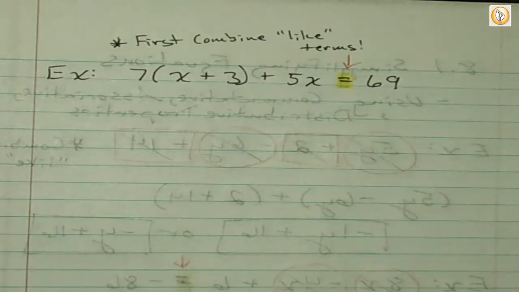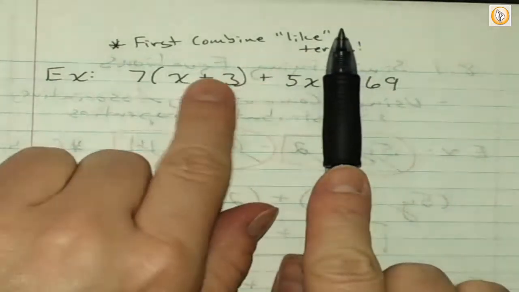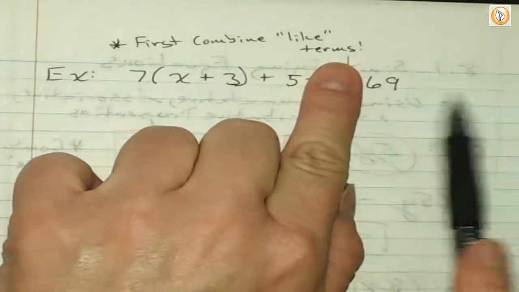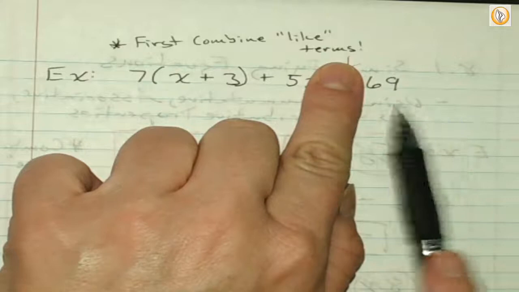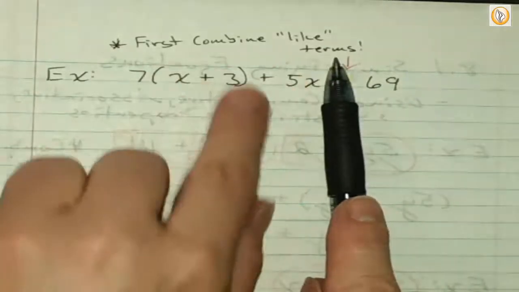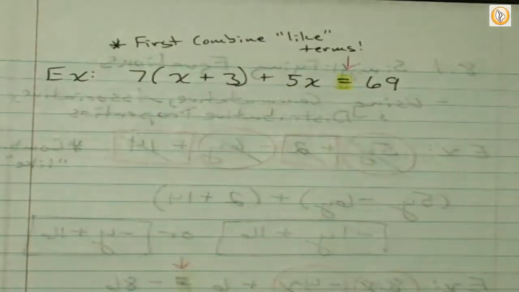Okay, we're going to combine like terms. But remember, we're going to keep it to one side of the equal sign. Now, boys and girls, if there was a bunch of stuff on this side of the equal sign as well, you would combine like terms over there, and you would combine like terms over here, and then do your intruder alert, okay? And I'll see if we need to do some of those.